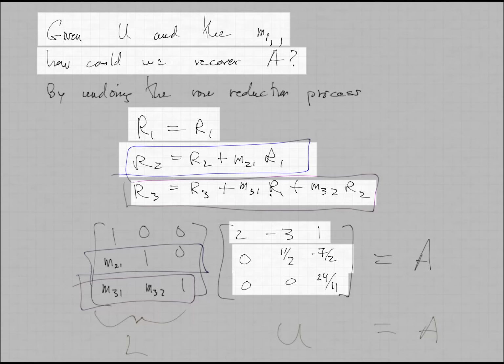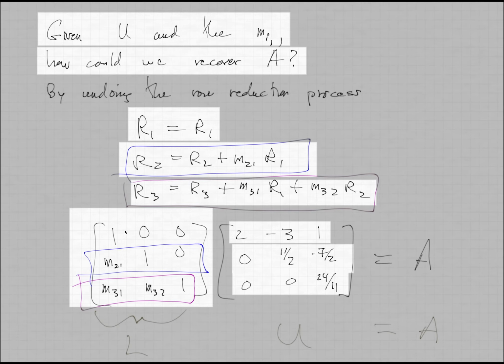So we add back in the multiple of R1 and the multiple of R2 that we used. And now you can perform all three of these recovery steps simply by matrix multiplication, by multiplying the U matrix over here times this matrix on the left. We're going to perform all these recovery steps.